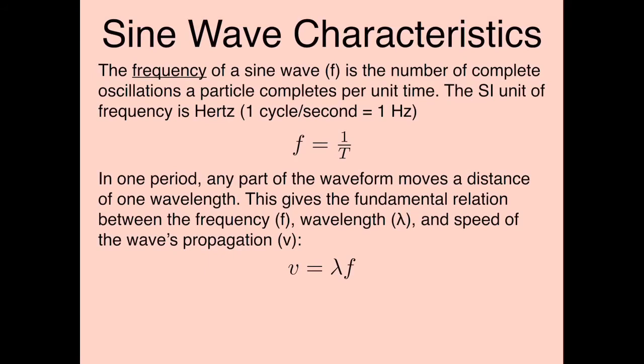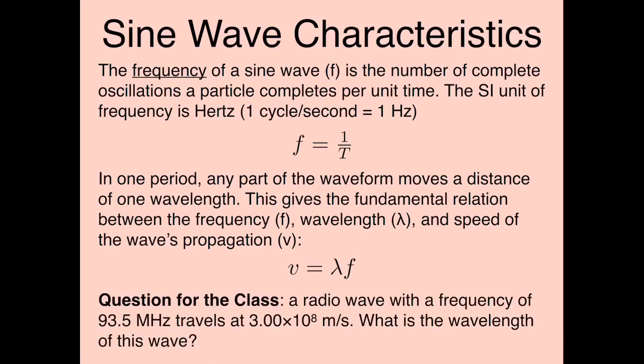Okay, so now that we have this fundamental relationship between speed, wavelength, and frequency, let's do an example problem. So a radio wave with a frequency of 93.5 megahertz travels at 3 times 10 to the 8 meters per second. So that's the speed of light. The question is, what is the wavelength of this wave?